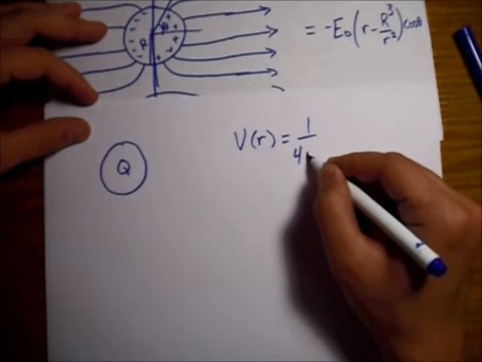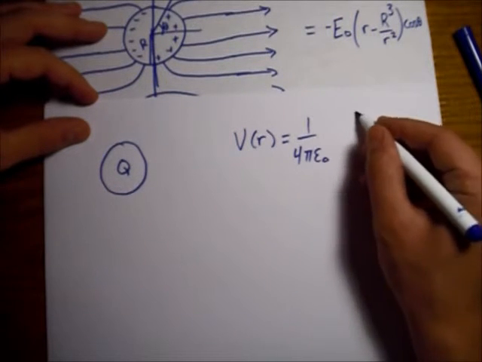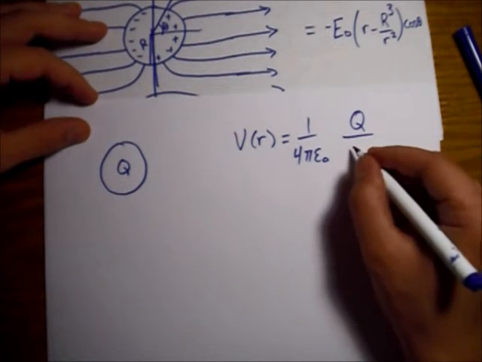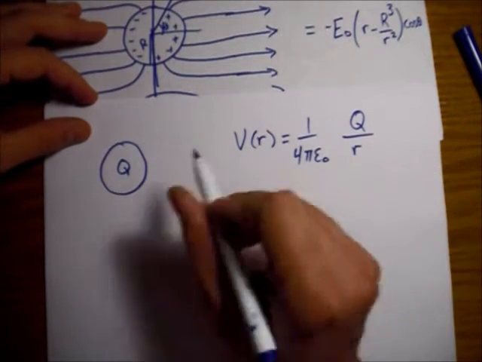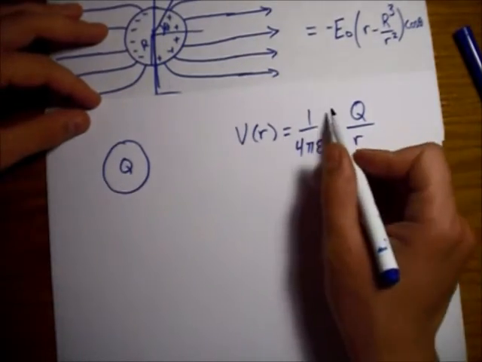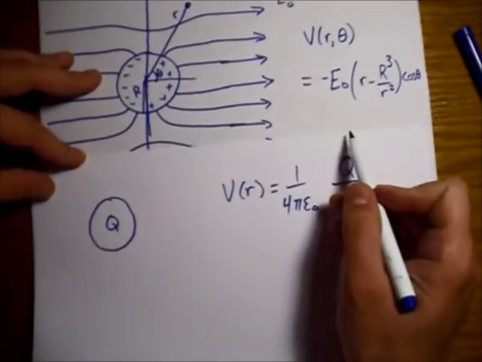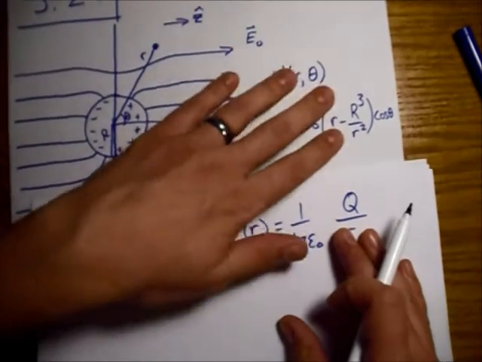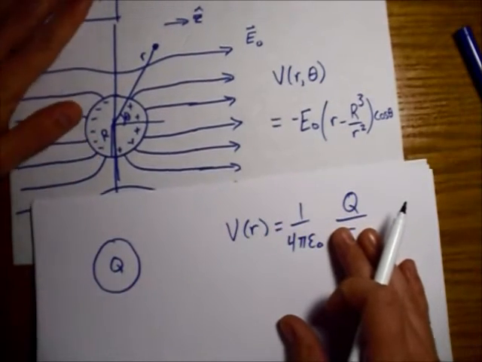So 1 over 4 pi epsilon naught, we have big Q for our charge upstairs, and little r for our distance from the origin. So this is the potential for this case, and this is the potential for the case of our neutral conducting sphere.